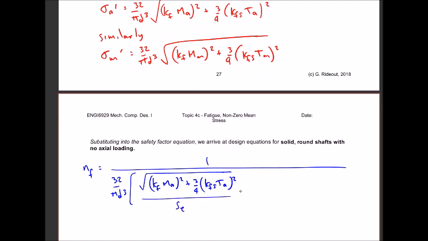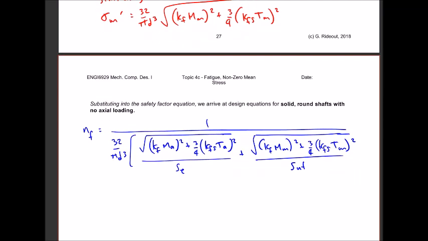Okay, and then I've got to add the term corresponding to the mean stress, KF Mm squared plus 3/4 KFS times Tm all squared. And that was over SUT.